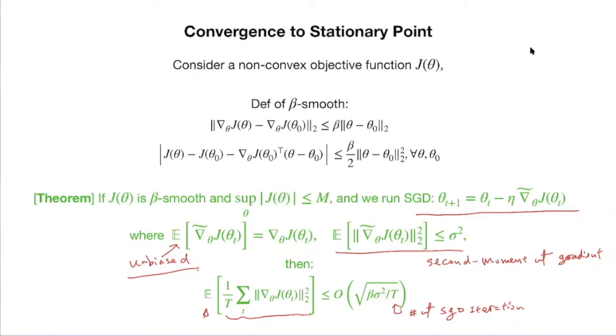A local minimum solution is defined as a point where my gradient is 0. So think about optimizing a function that looks like that. I may converge to this point, where the gradient is actually 0.